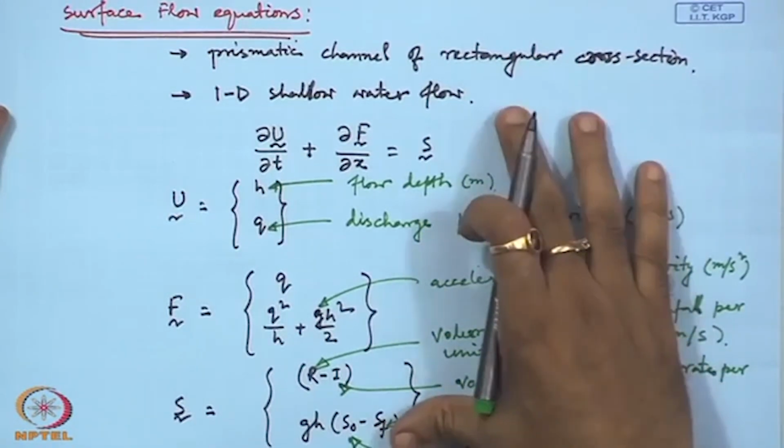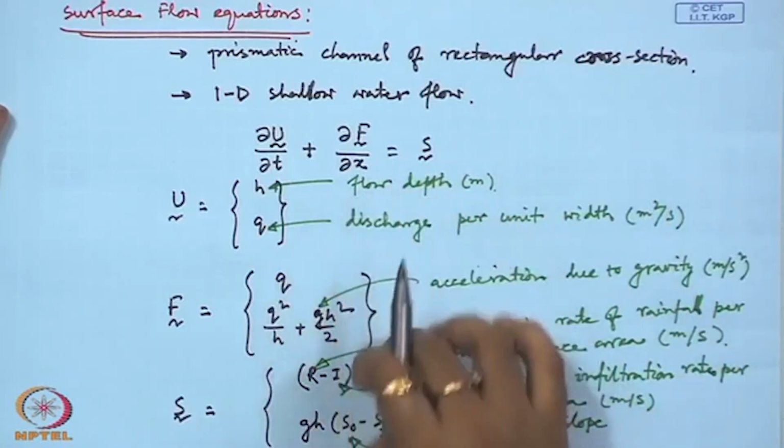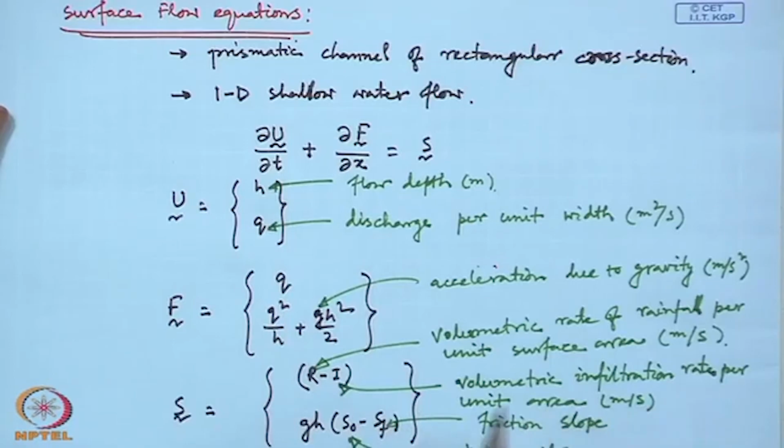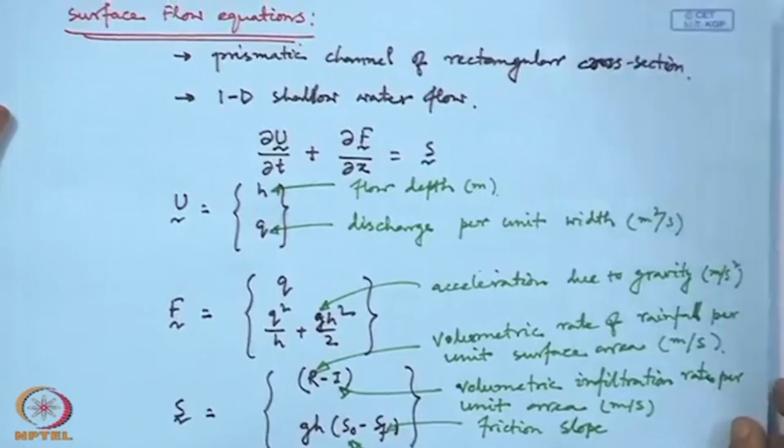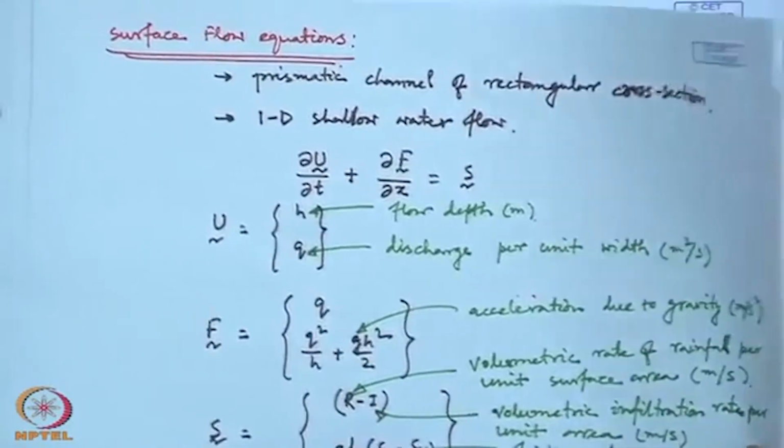So, these are the key parameters. Now, energy slope or friction slope can be calculated using the Darcy-Weisbach formula.